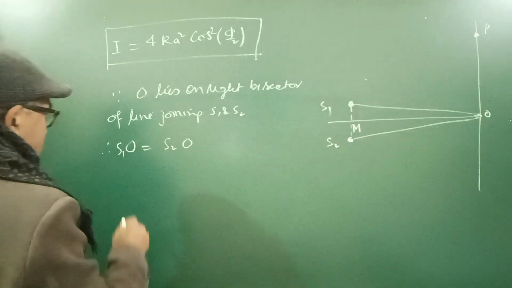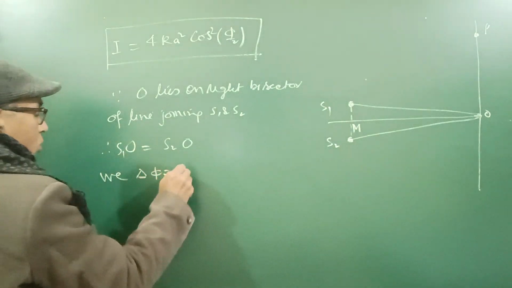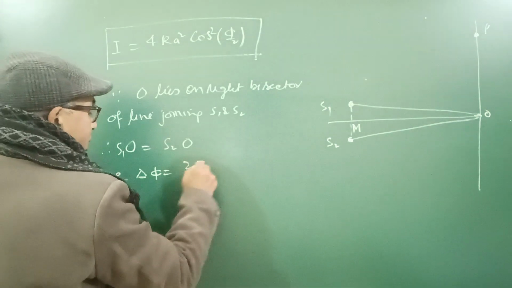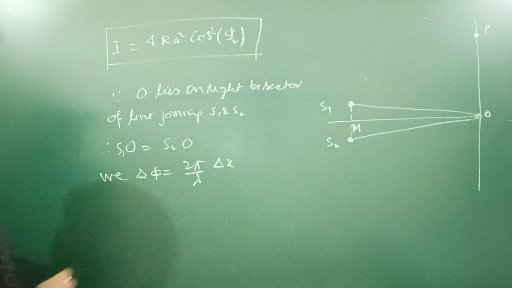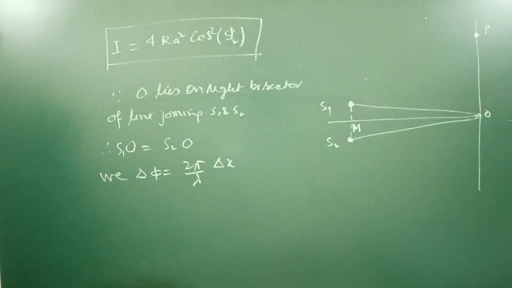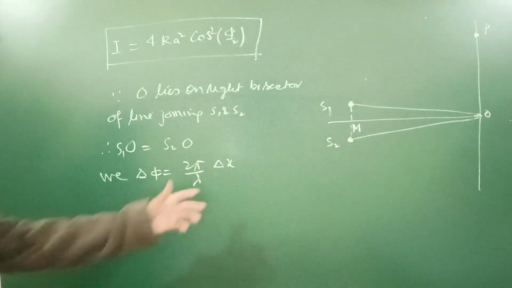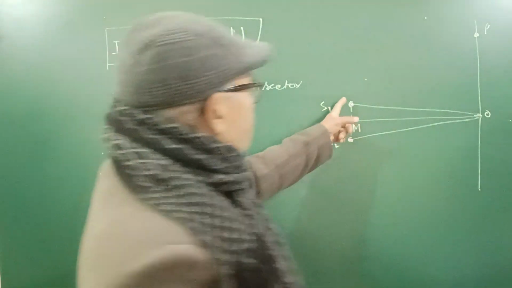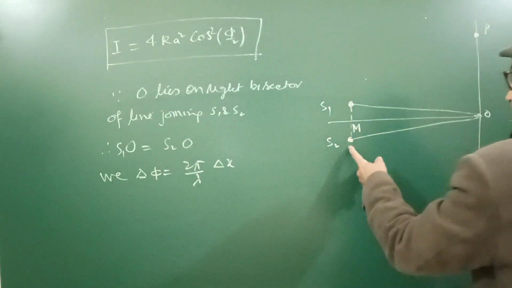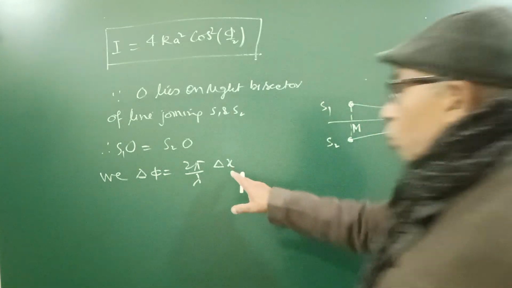Why am I writing like this? We know delta phi equal to 2 pi upon lambda into delta x, where delta phi is the phase difference between two particles when the path difference is delta x. Here the sound waves start in the same phase and meet at O with delta x 0.